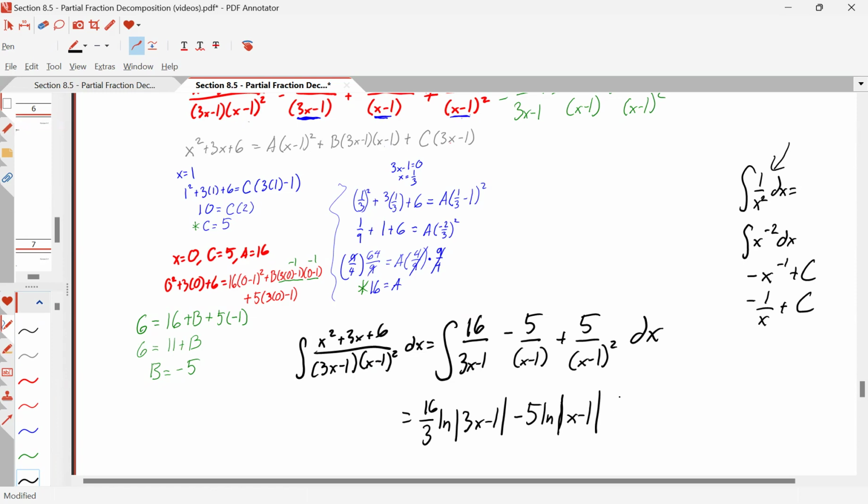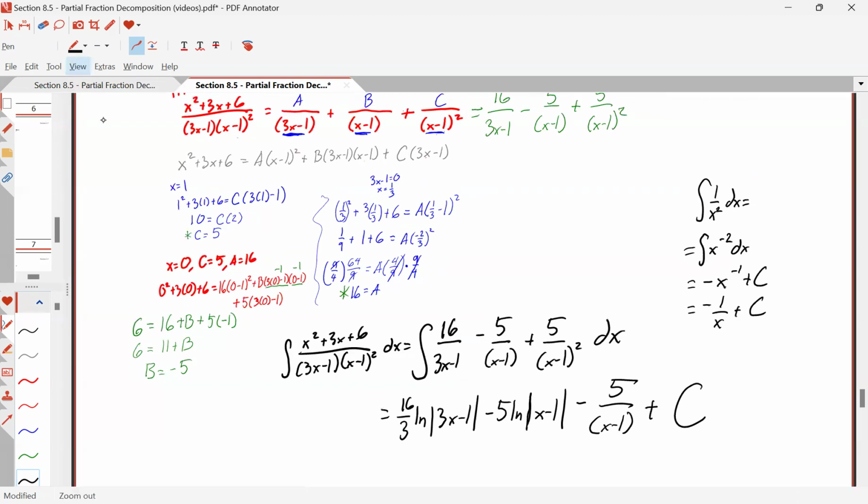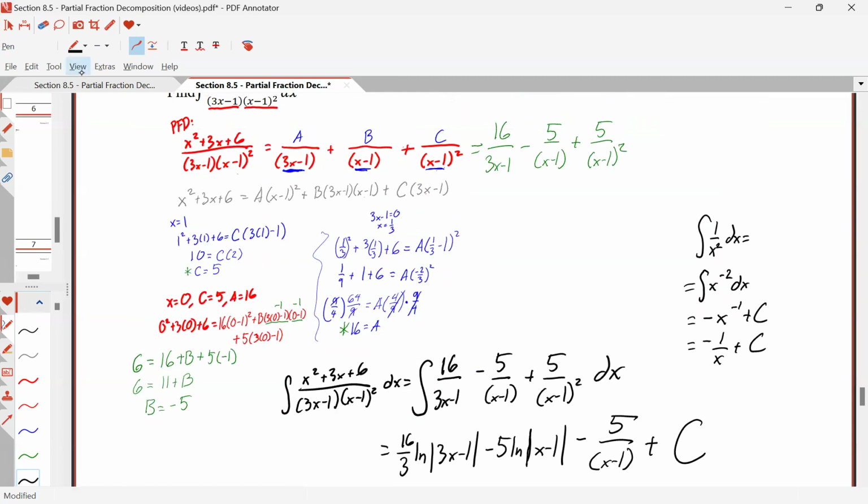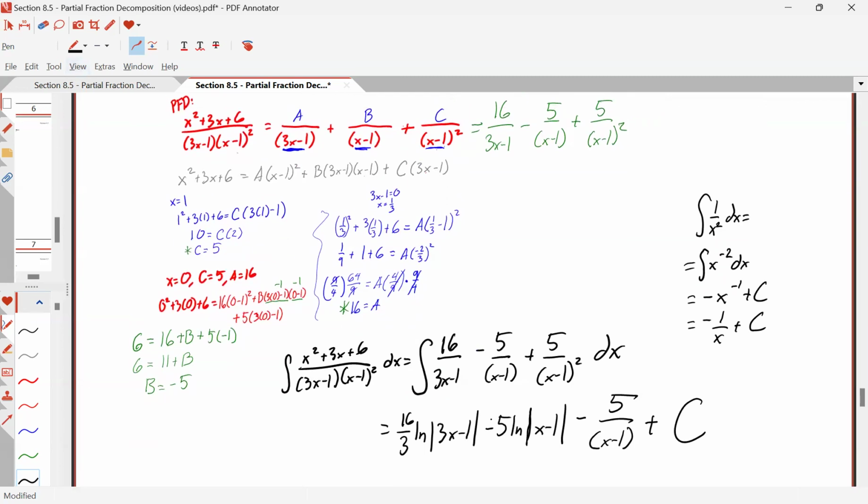So when we integrate it, it will become negative 5 over x minus 1, without a square, plus c. And there is our integral of x squared plus 3x plus 6 all over 3x minus 1 times x minus 1 squared.